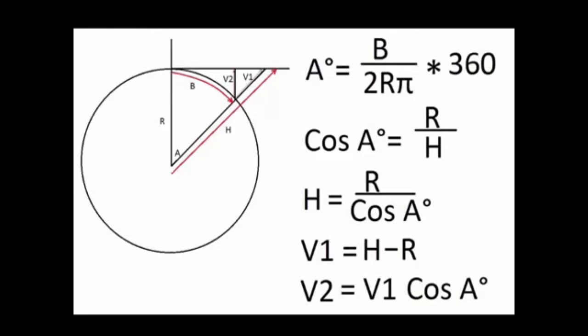V2 is the height that the pipe will need to bend down in order to get it parallel to the earth at the end of the pipe. H is the length from the center of the earth to the horizontal of the start point of the line intersecting at the end of the pipe. The first thing we need to do is find out what the radius of earth is before we can get to the curvature calculation.